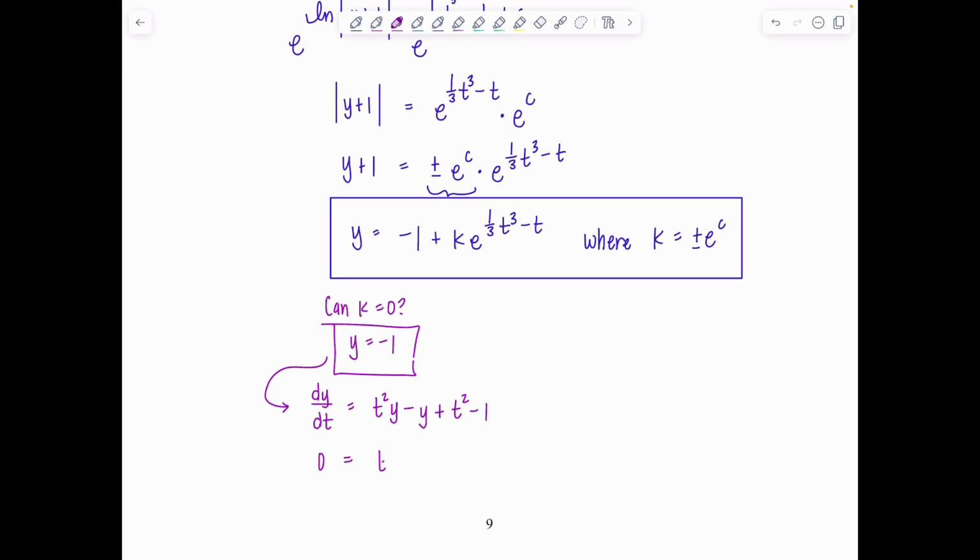And that equals t squared times -1 minus -1 plus t squared minus 1? I should put a question mark, we don't know. Negative t squared plus 1 plus t squared minus 1. Yes, it does. 0 equals 0. So yes, k can equal 0. So then you can add in that k is any real number.